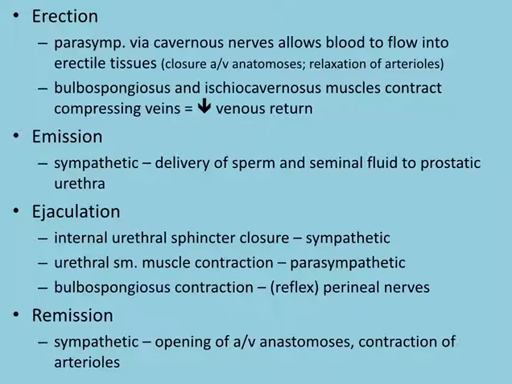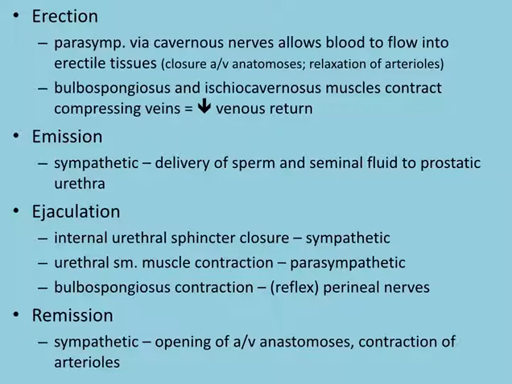and that's controlled by the sympathetic system. Ejaculation is a complex process which involves all the different autonomic controls and somatic controls. So sympathetic is closing the internal urethral sphincter so you don't get retrograde ejaculation.